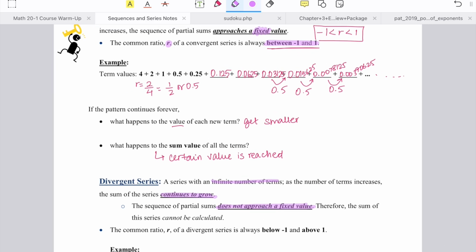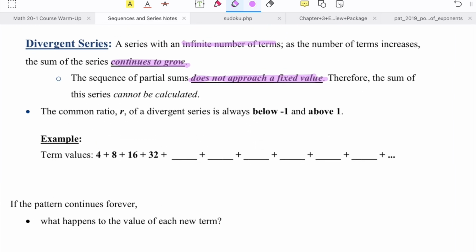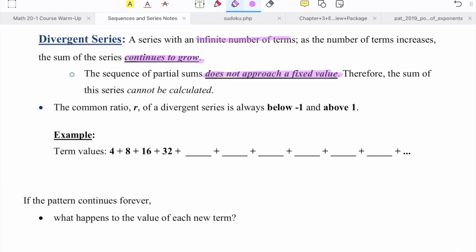For divergent series, the ratio needs to be either below -1 or above 1. So r is less than -1 or r is greater than 1.